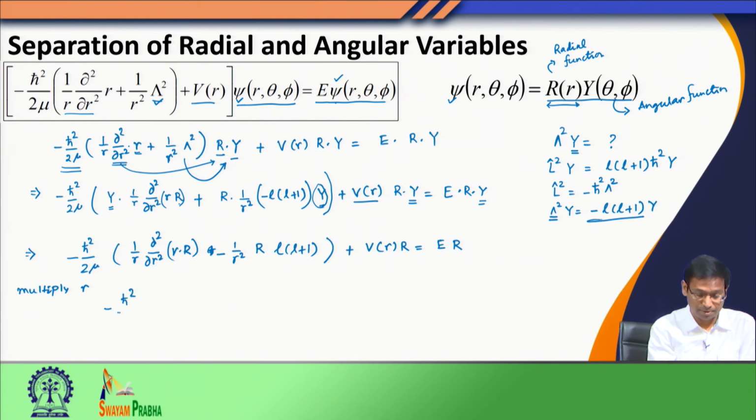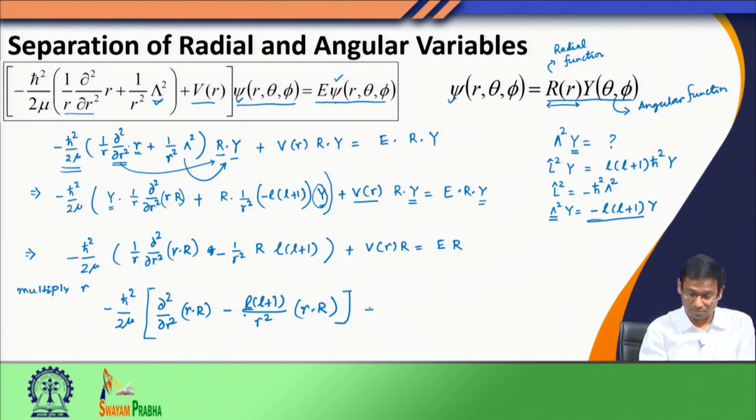So, that will give me, when I multiply r on the left hand side here, this r cancels out, and what I have is r dot r minus 1 L into L plus 1 divided by r square r dot r plus V r dot r equals E r dot r.